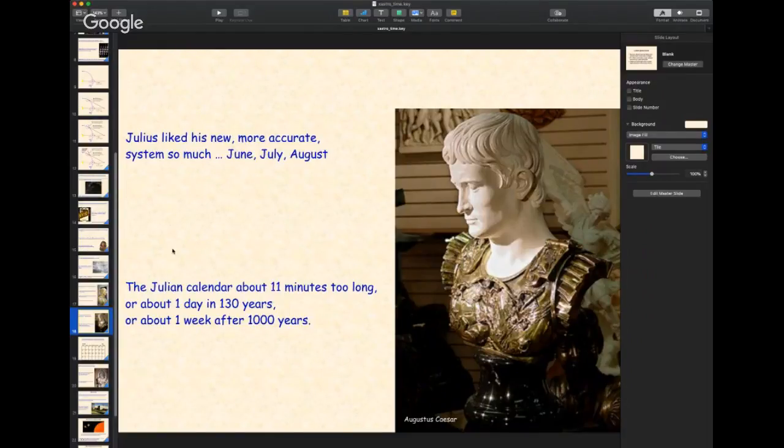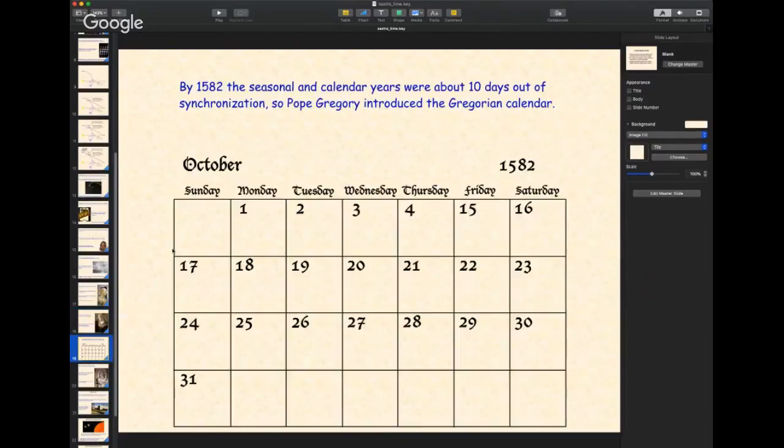But guess what? More than 1,000 years did go by, until we get to about the year 1582, where the seasonal and calendar years were about 10 days out of sync. And this was noticeable to people. And so there was a call to resync the calendars.